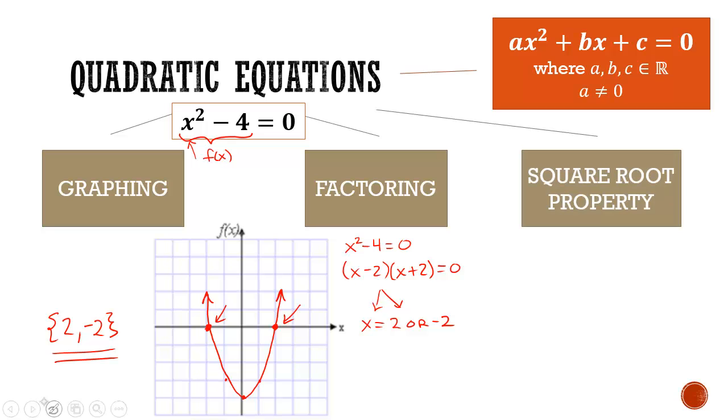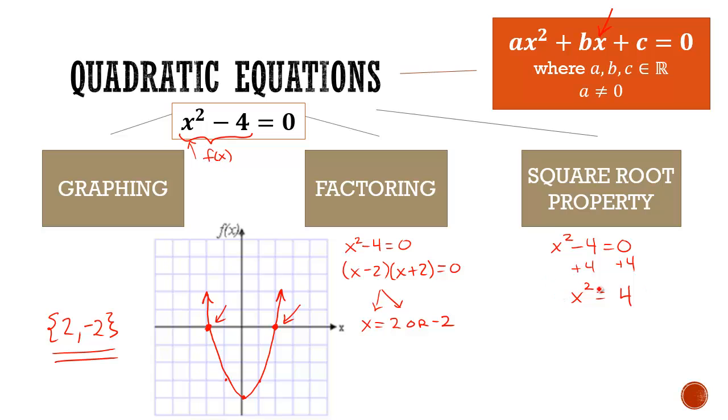Now sometimes you can just use the square root property. So let's take that example, x squared minus 4 equals 0. We could solve for x squared on its own, and this is only because we have no x term. We just have the x squared term. So we could add 4 to both sides, and you'll see you get x squared equals 4. Now, what do we do when you have something squared equals a number?